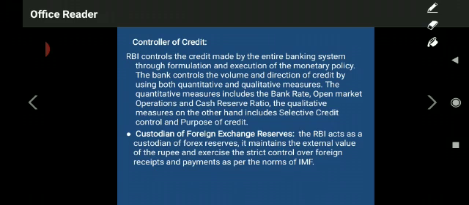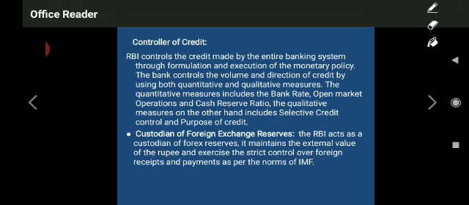Now coming to the third important function of RBI, that is controller of credit. The credit which is given to the banks by RBI is controlled by Reserve Bank of India, and the amount of credit which is provided to the public by different banks and financial institutions is also controlled by Reserve Bank of India.